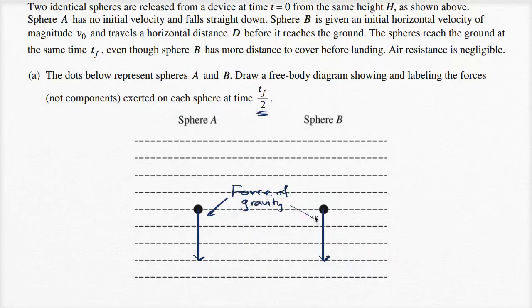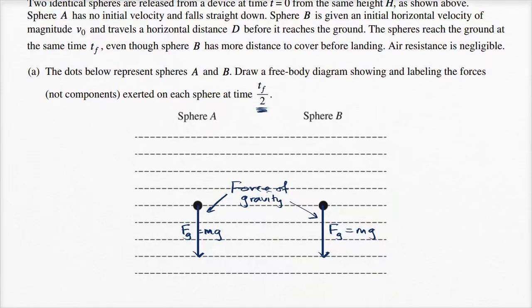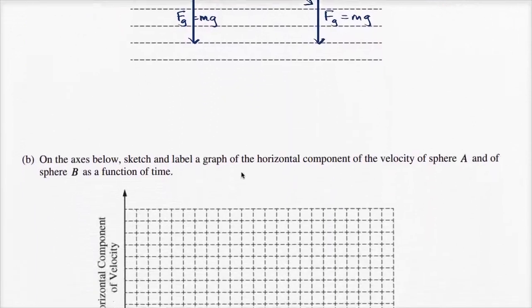If we want, we could say the magnitude is F sub g, or we could label it as m times the gravitational field. And that's it. While they're mid-flight, the only force acting on them, assuming air resistance is negligible, is the force of gravity, and it's going to be the same because they have the same mass. They're identical spheres. All right, let's tackle the next part of this.